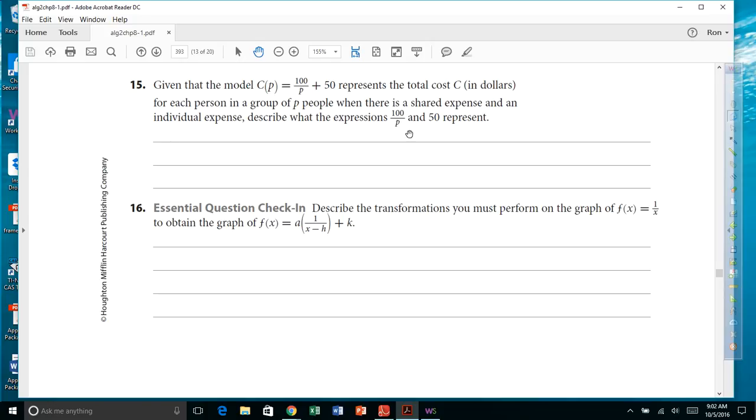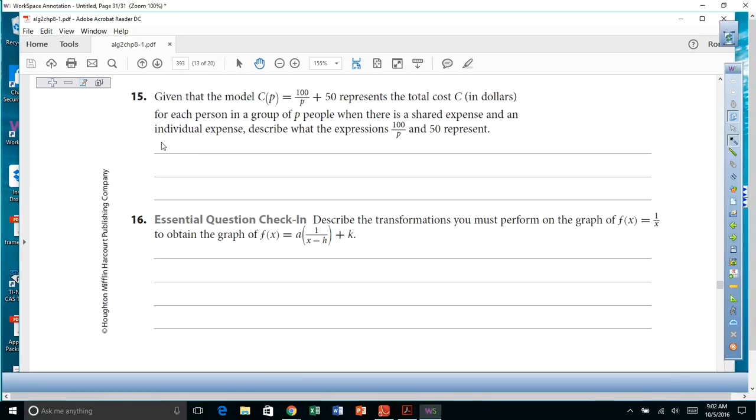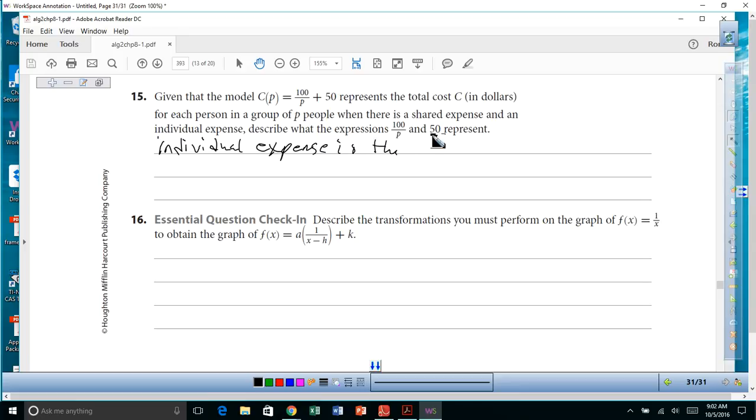Well, the individual expense would be the $50. The shared expense is 100 over P. Because, right.